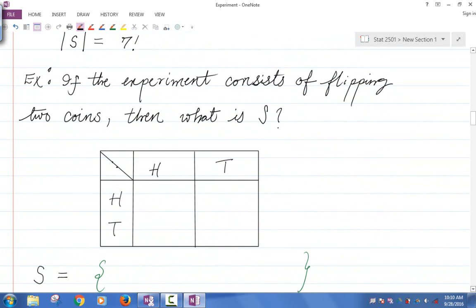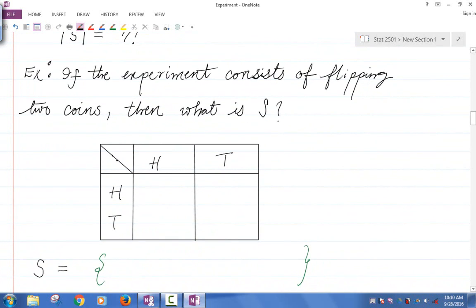Okay. If the experiment consists of flipping 2 coins, then what's the sample space? Well, let's say here on the first column I'm writing the results of the first coin and the results of the second coin on the top row.